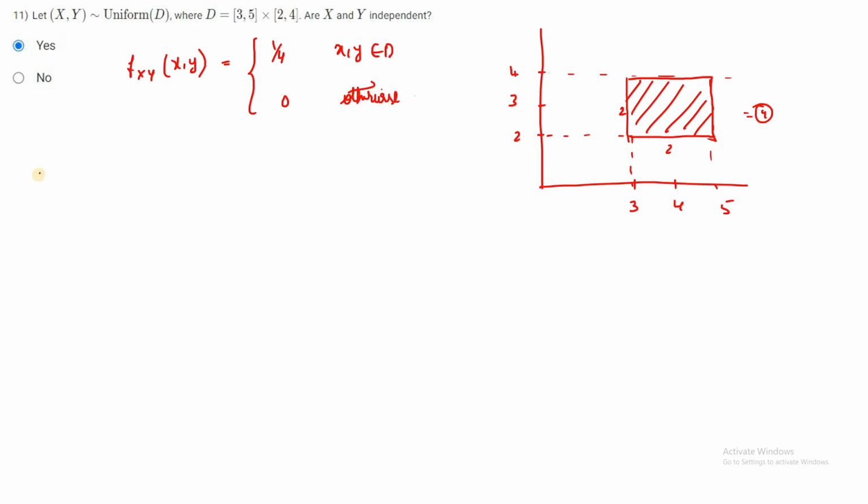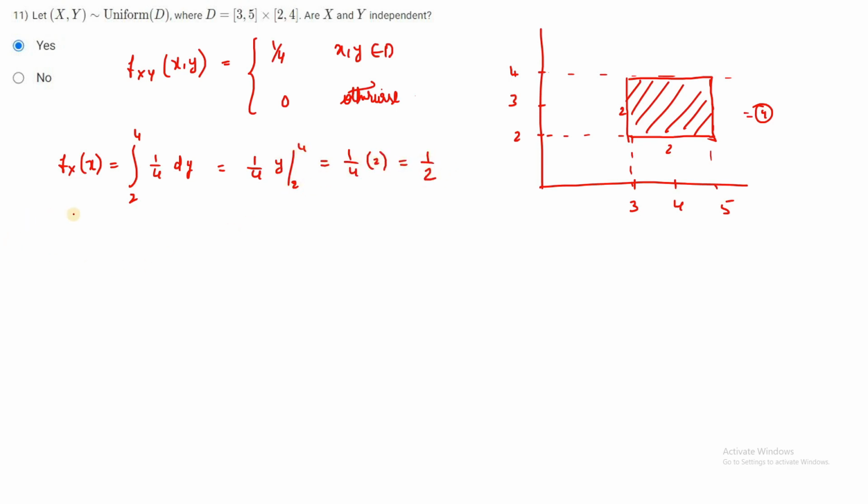Now if I want to find out fx of x, what is the range for y? y is 2 to 4, so integral 2 to 4 of 1 by 4 dy, which is nothing but 1 by 4 into y from 2 to 4, that is 1 by 4 into 4 minus 2, that is 1 by 2.